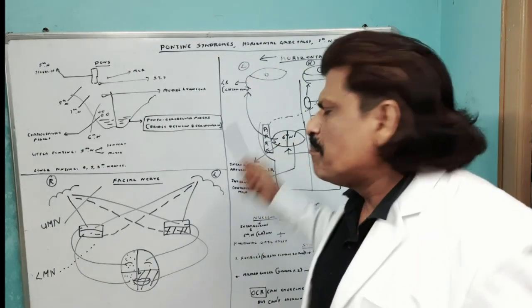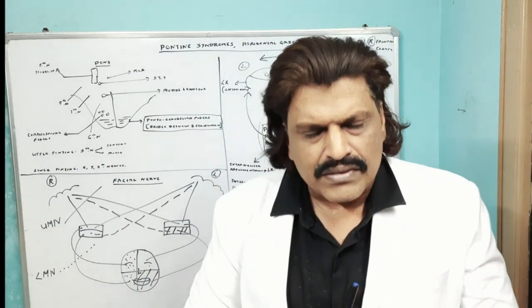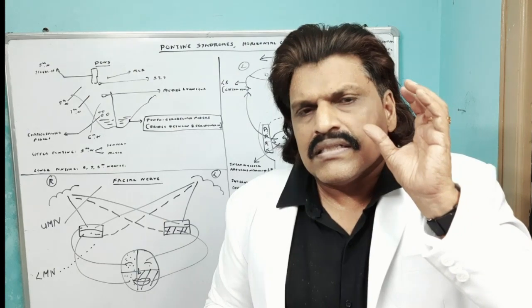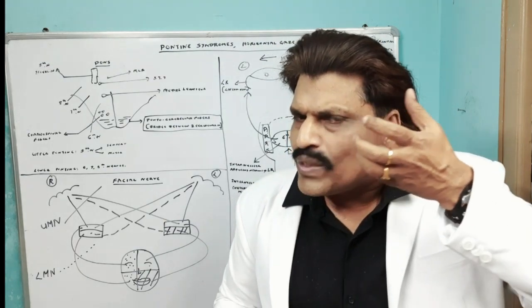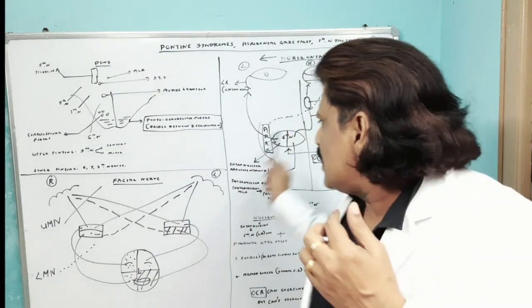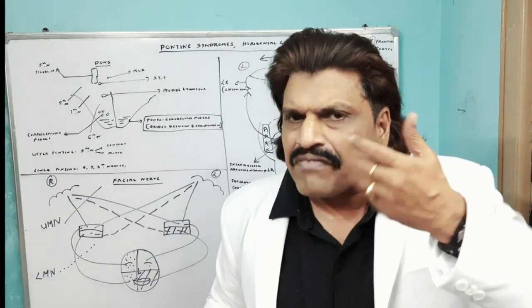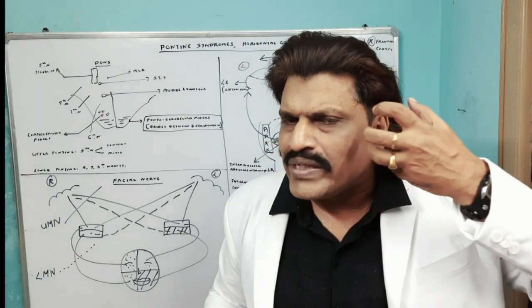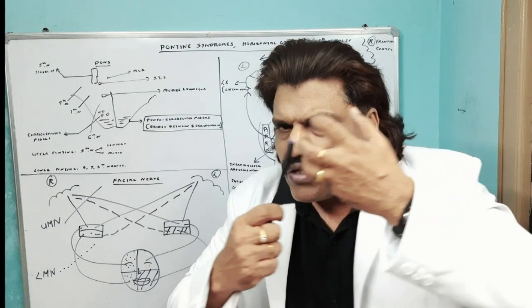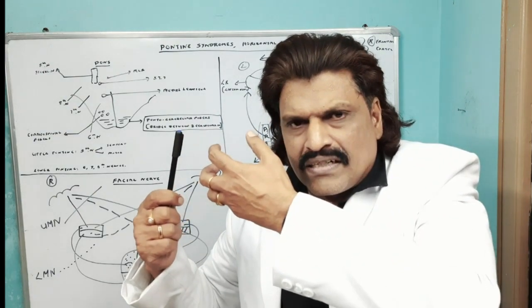Again here there is a very important point. Since PPRF pulls eyes towards its side, when there is a lesion in the pons and the PPRF, it cannot pull the eyes to its side and therefore eyes will go towards the opposite side.